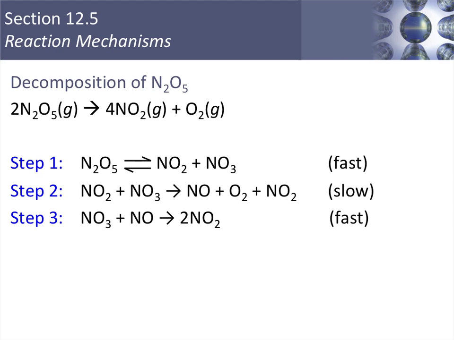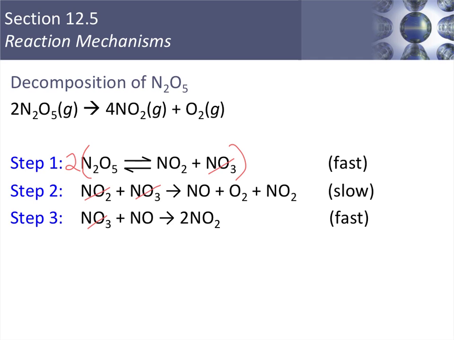So let's check the first prerequisite, which is that the steps of the reaction must add up to give the overall reaction. One thing that we see right away is that in this first step we don't have 2 N2O5. So the first thing that we can do is multiply through by 2. Now if we go through and cancel out wherever we have the same thing on both sides of the equation: on this side we have 2 NO3s, and there are 2 on this side, and we have an NO on this side of the equation.